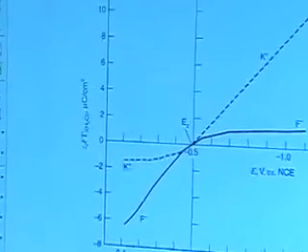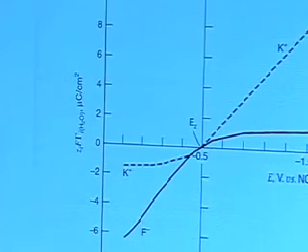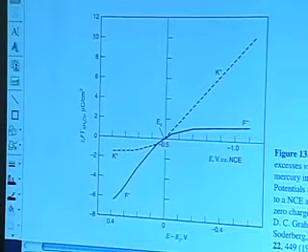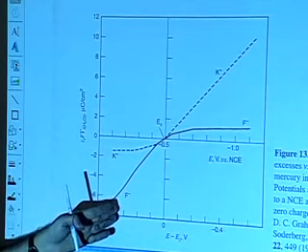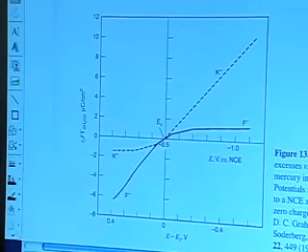Right? We don't know that that's not the case. All that we know is relative to the point of zero charge, when there is zero net excess of cations relative to anions, because the electrode has no charge, therefore the electrolyte has no excess of charge relative to its neutral state, that there is an excess of negative charge at positive potentials and an excess of positive adsorbed charge at negative potentials.